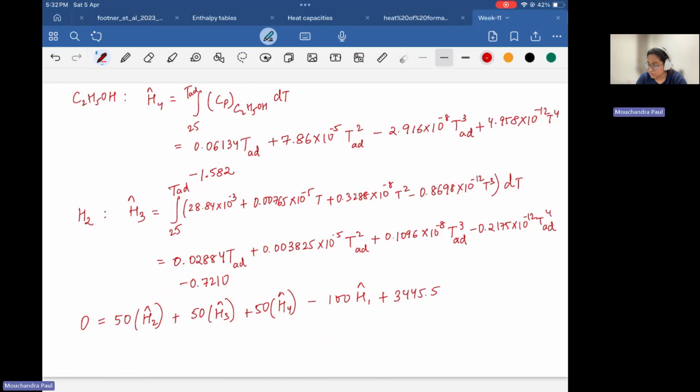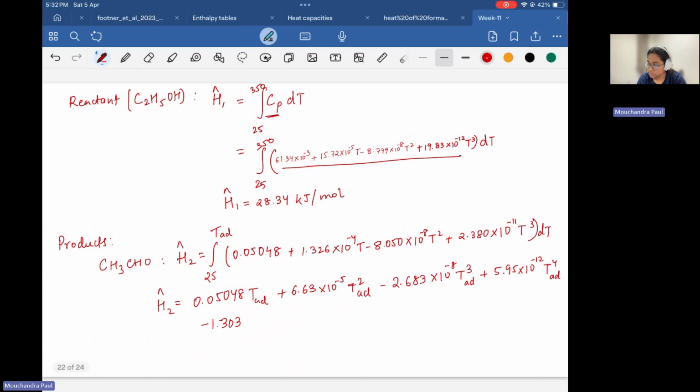So here you will get an expression in terms of T adiabatic, and then the adiabatic value will be obtained. You can use a solver for doing this. So I'm using an online solver for solving this expression. Shouldn't take too much time.